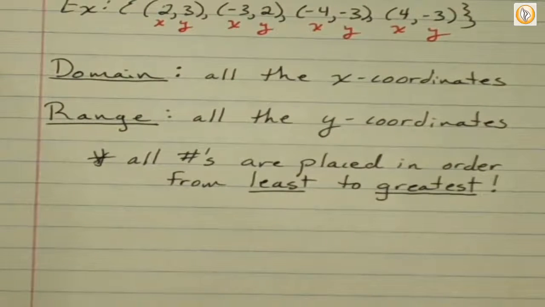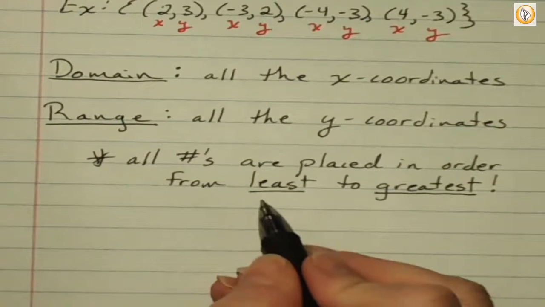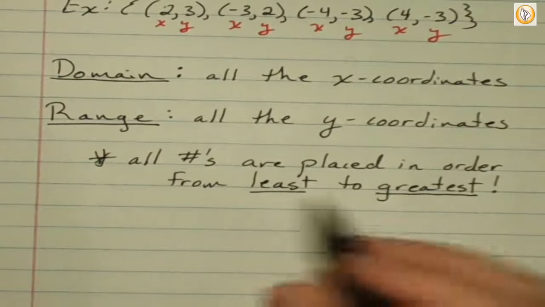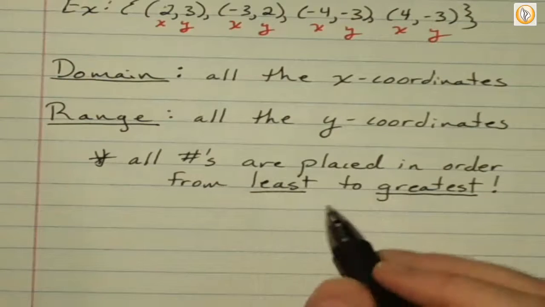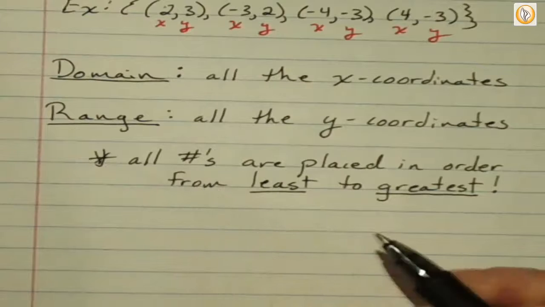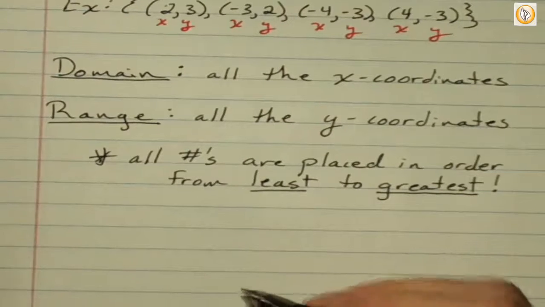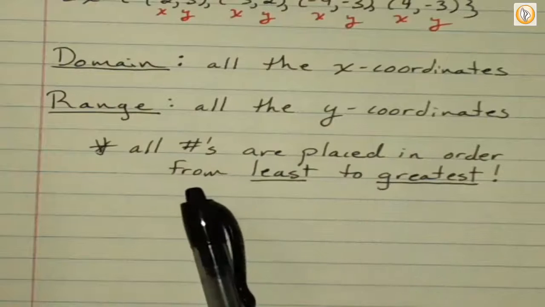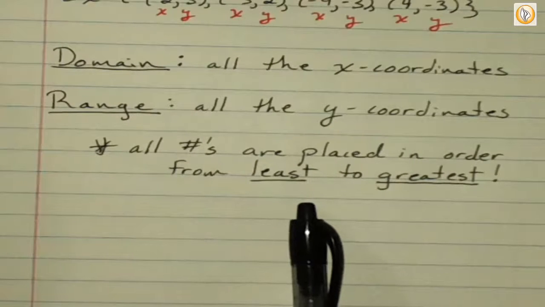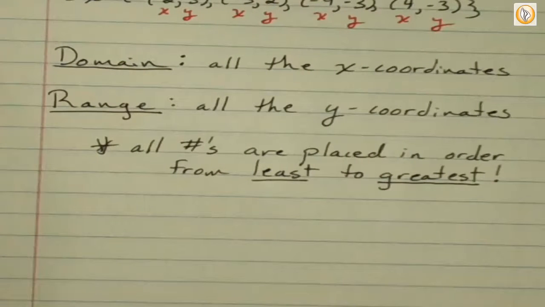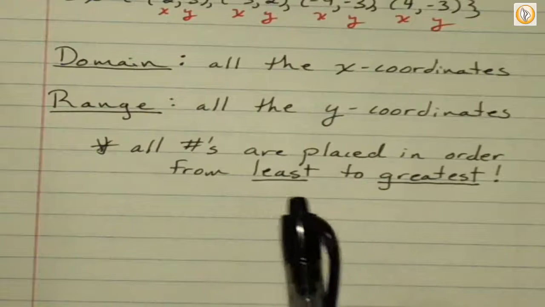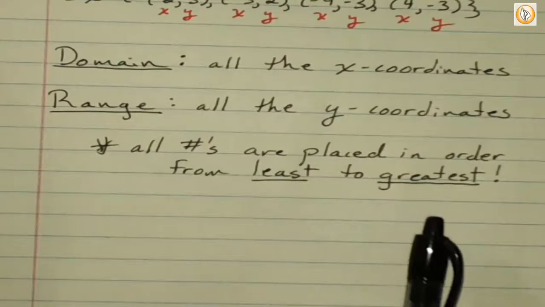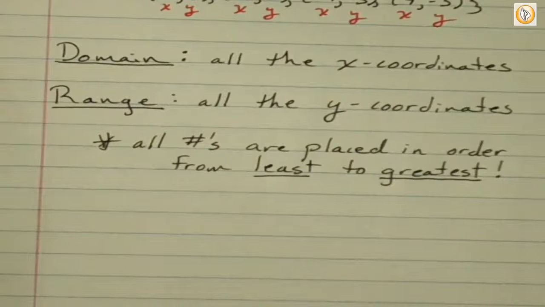Least to greatest. Okay, this is math. So all numbers are placed in order from least to greatest.